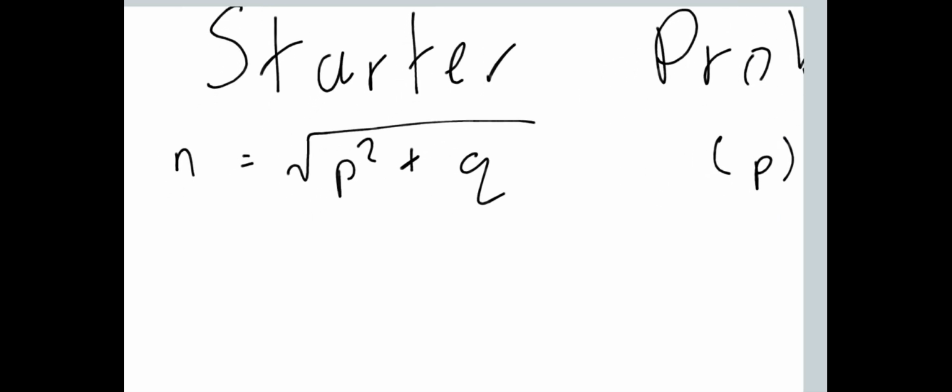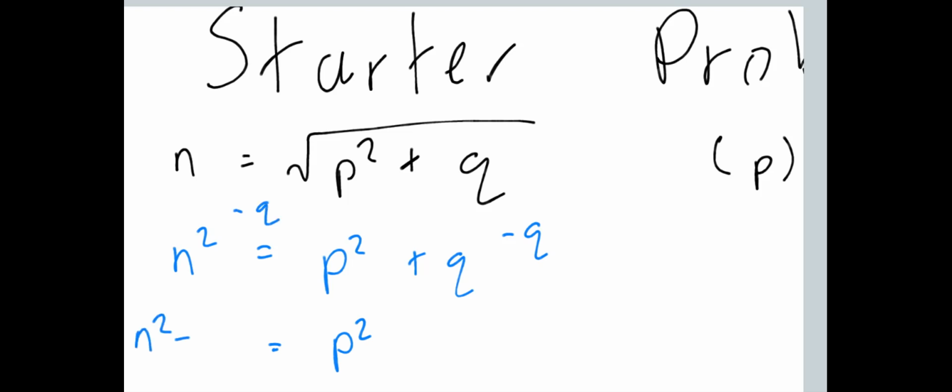So just really quickly then, I square both sides and I get n squared on the left, and I get p squared plus q on the right. I've got a p squared plus q, so I'm going to take away q from this side to remove it. That gets me closer to the p I'm looking for. And then I have to do the same thing on that side in order to keep it balanced.